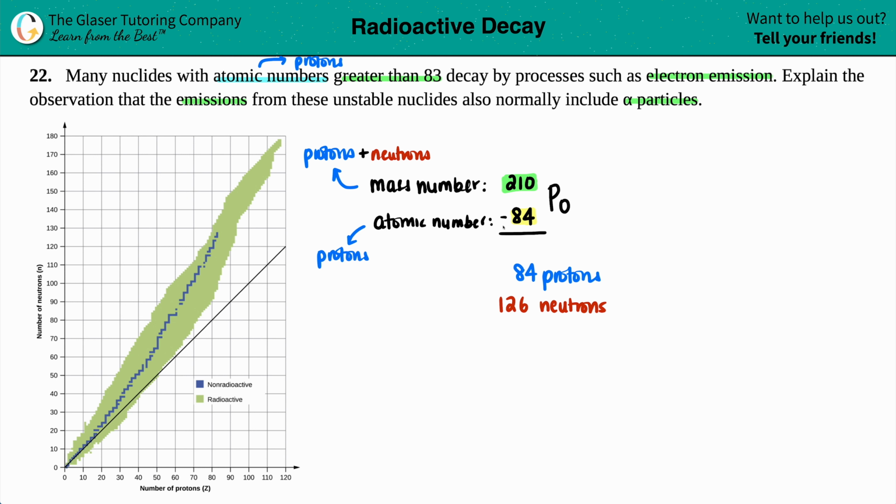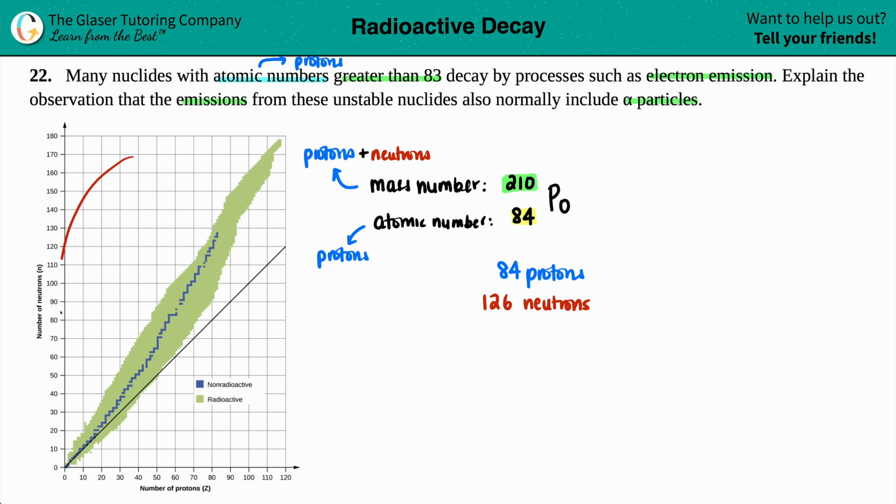You could just plug it into the calculator. But let's see, if I do 126 plus 84, do I get 210? 4 plus 6 is 10, so that gets me the 0. 8 plus 2 is 10, plus that 1 is 1. So yeah, okay, 126. Wow. Good job, Christina. All right, so we have 84 protons and 126 neutrons for that polonium.